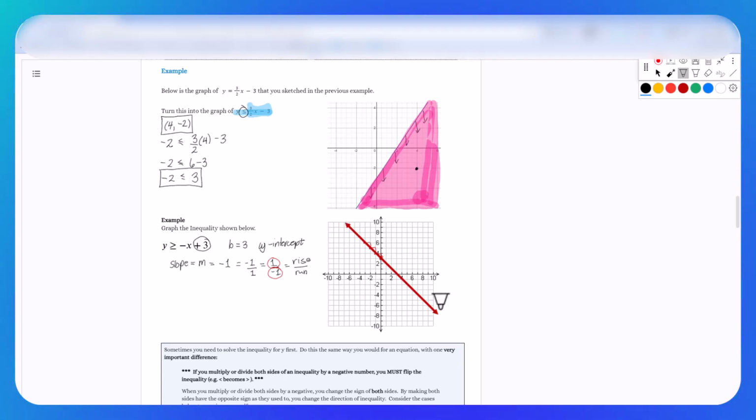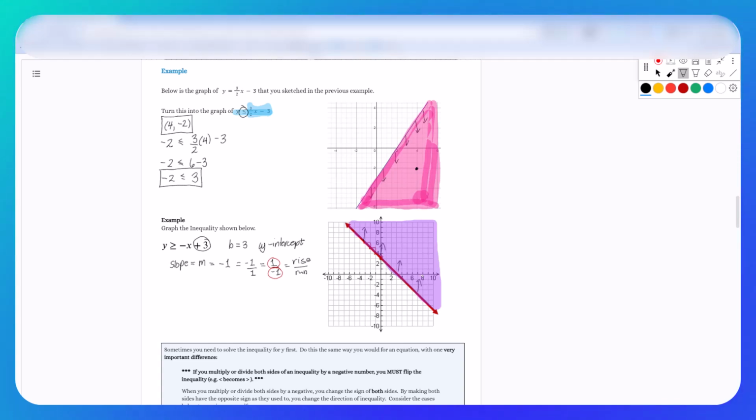So it means we're including the line and anything above it. So when we do the shading for this one, we need to shade up. Here we go.